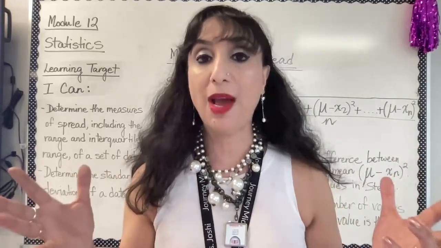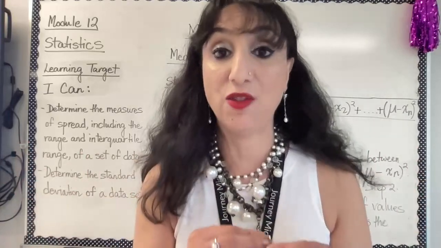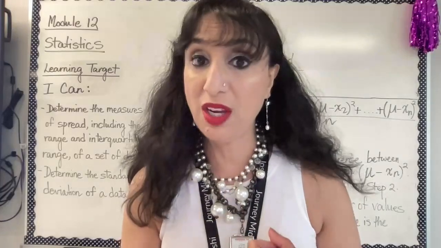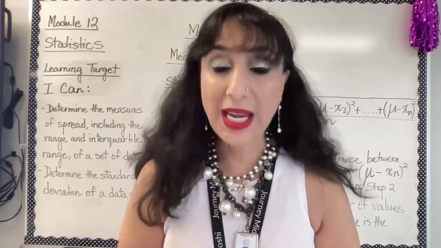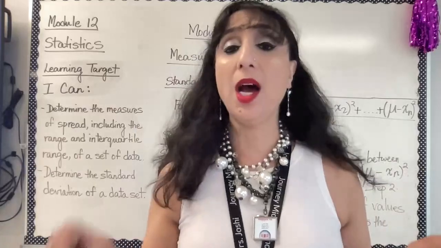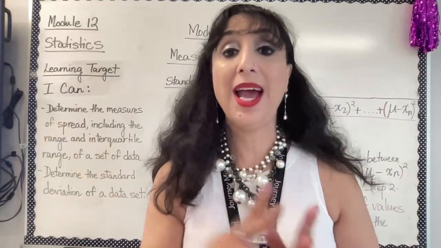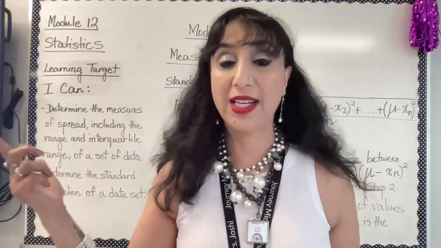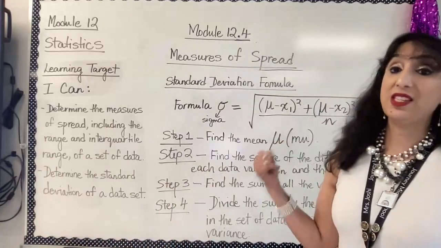Now, when we actually do absolute value, we are talking about how far a number is from 0 on the number line, right? But when we do mean absolute deviation, we are trying to see how far a number is from the mean. And then we take the distance of each of the data points from the mean, and then we find the average of that to see what the variation is.